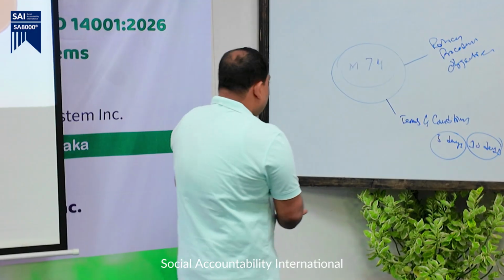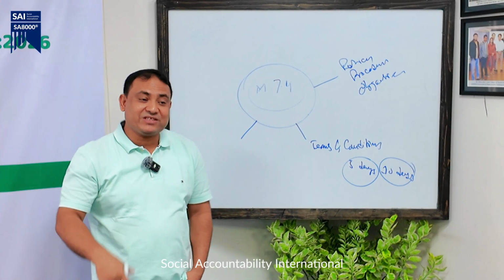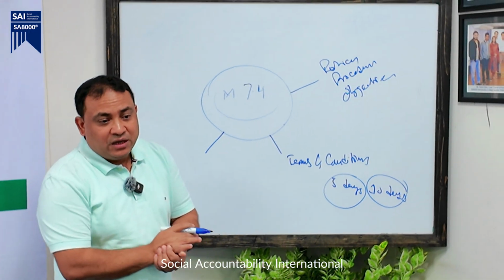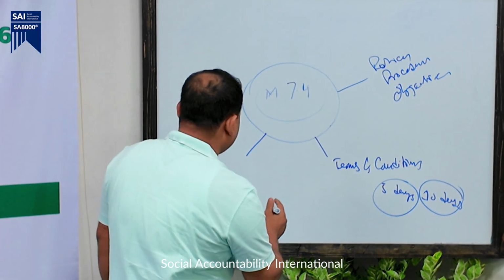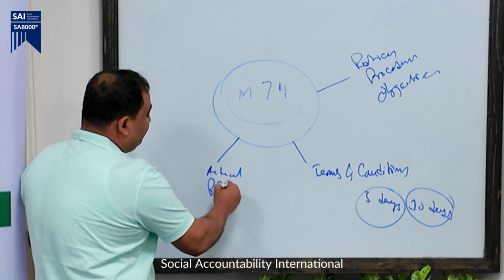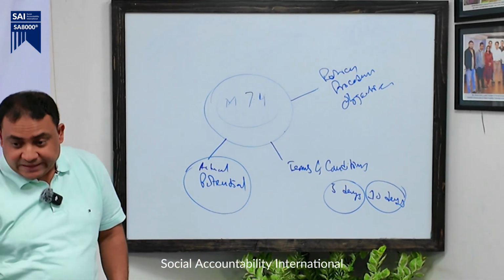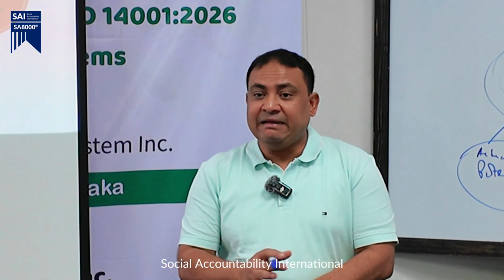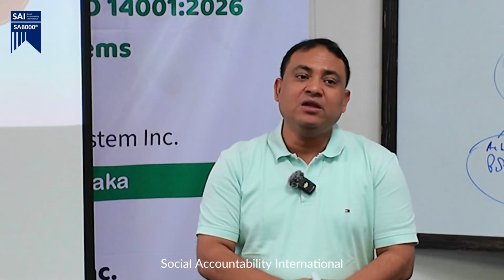So if there are actual or potential risks associated in the supply chain related to any human rights, like the requirements of D1 to D7 in the decent work criteria, then the organization shall support the business partners in ending the risks, preventing the risks where applicable, and mitigating them.